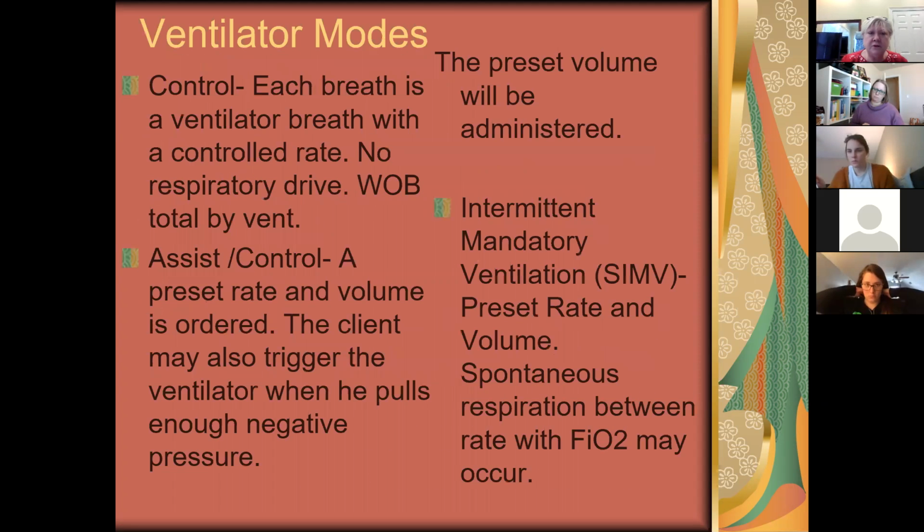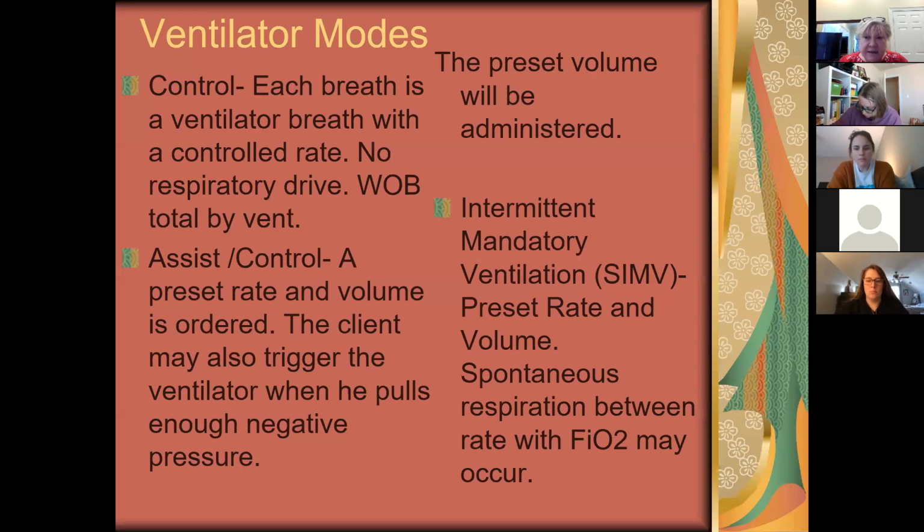modes. There they are. Okay, so the 3 things are tidal volume, FiO2, and breaths per minute. Those are the 3 things you dial in. Other things can be dialed in, but they don't have anything to do with modes. All right, so the control mode. The control mode is for people that have no respiratory drive.